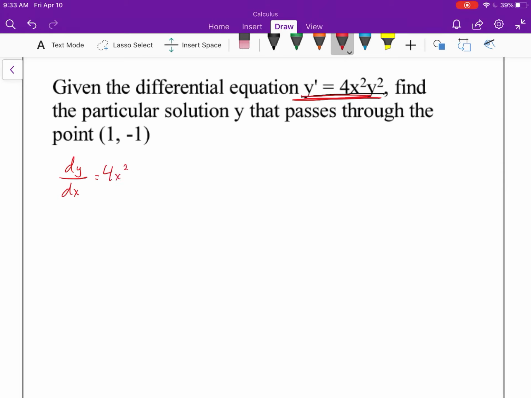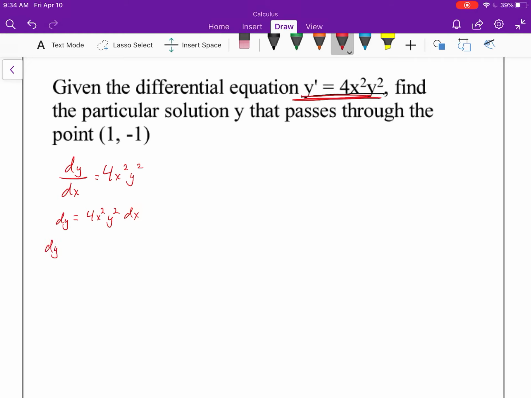What we'll do is get the y's on one side and the x's on the other side. So we will multiply both sides by dx. You could do these two steps at once if you wanted to. And then divide both sides by y squared.